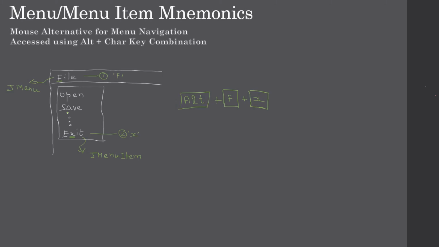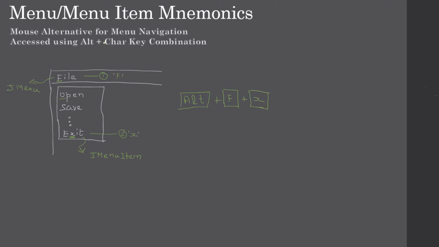Similarly, let's say for example for file open, if the mnemonic is O, they can access this file open command using Alt plus F plus O. And if you see here, when you hold down the Alt key and press F, the application will actually animate opening this menu.